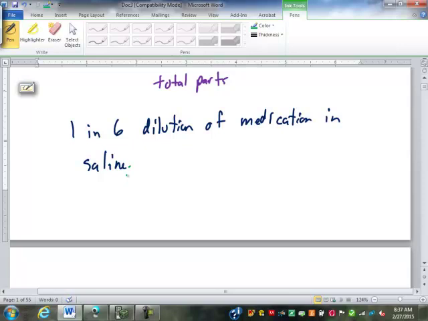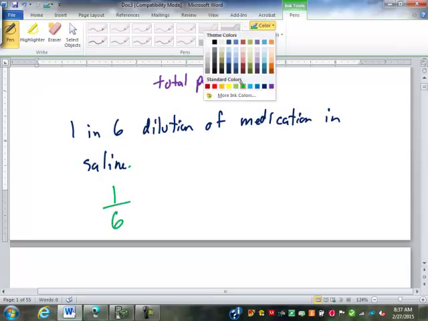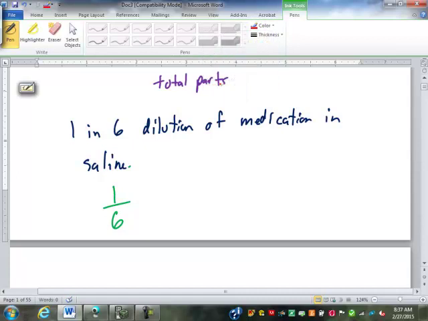First is the dilution itself, 1-in-6. Now remember, the dilution is the ratio of serum or concentrate to total. So the 1 represents the amount of serum or the amount of concentrate, and the 6 represents the total parts of the solution.